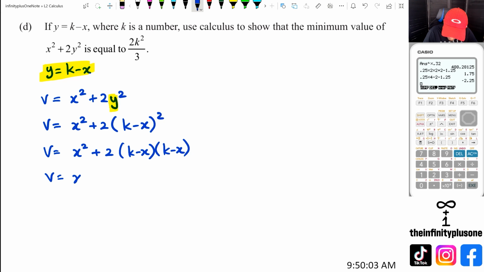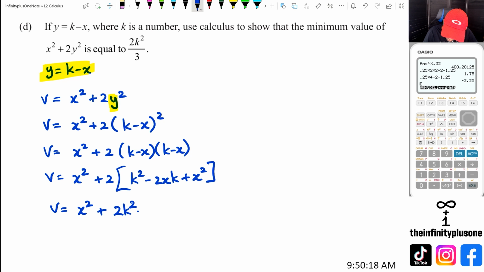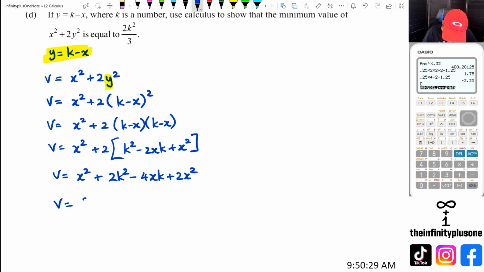Expand the brackets using FOIL or whichever method you're comfortable with. You're going to get k squared minus 2xk plus x squared. So then v is equal to x squared plus, expanding the brackets, 2k squared minus 4xk plus 2x squared. So this can be simplified as 3x squared minus 4xk plus 2k squared.